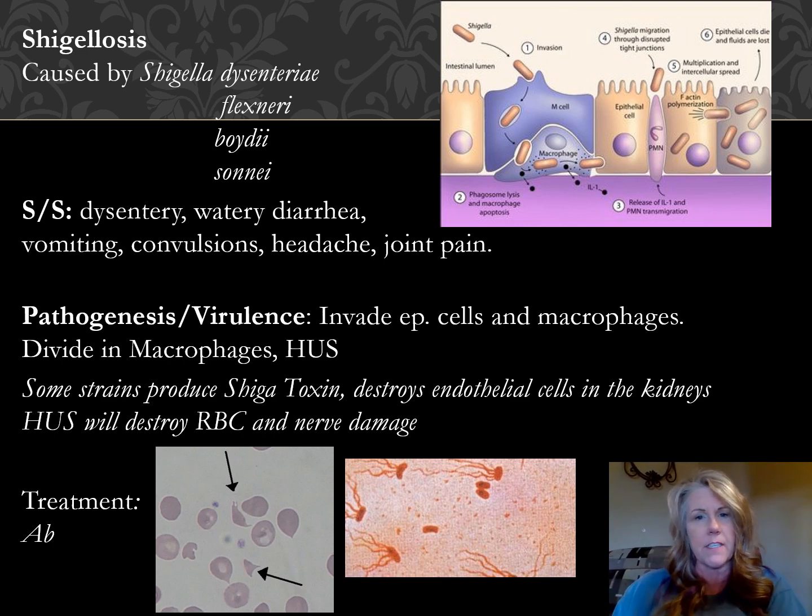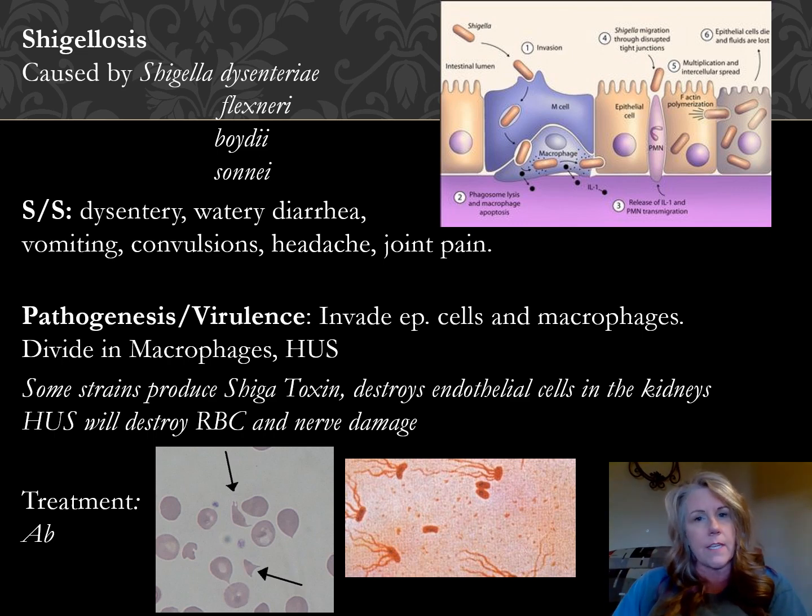It has an infective dose of about 10 cells. So if you can imagine bacterial cells, this is a gram-negative rod, and 10 cells can cause an infection in a human. It is resistant to stomach acid.